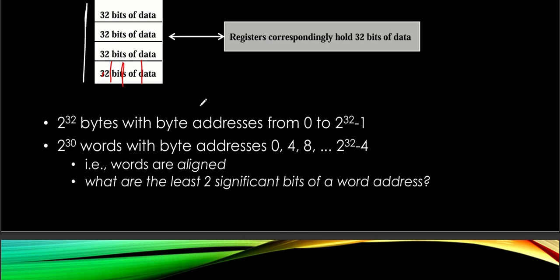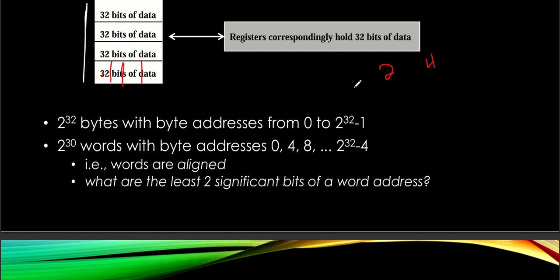Now, you realize that they also say that the words are aligned. That just means that it is illegal to have certain types of words in MIPS. So you can't access, say, word 2, because it is not divisible by 4, but you can access word 4, word 8, word 16.